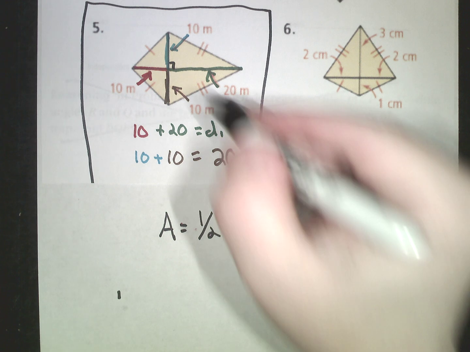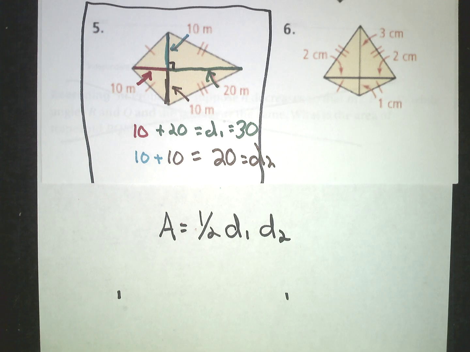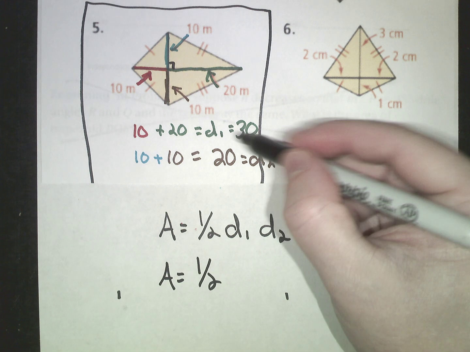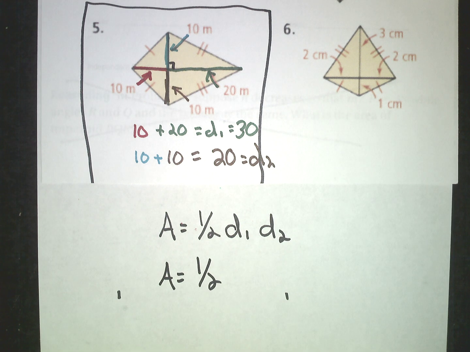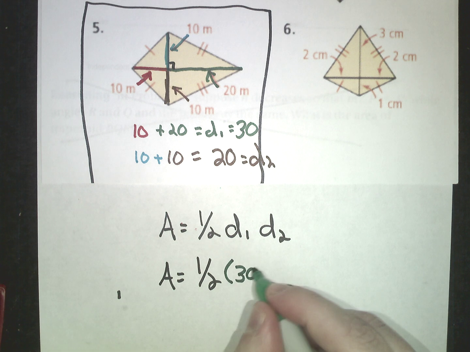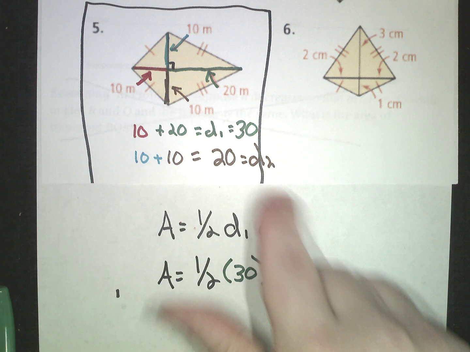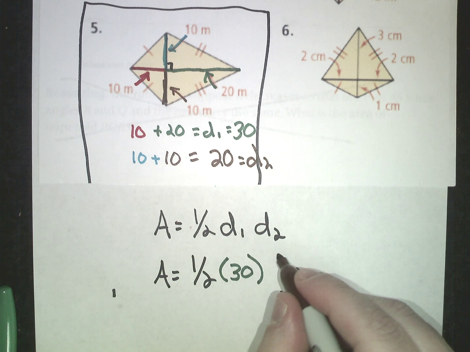Now remember, it's the whole line across. This is where a lot of people mess up. So let's do this again. So area equals 1/2. D1, I called 30, and I put it in green. So I'll put it in green here to remain consistent. And then D2, I put in brown, and I said it was 20.